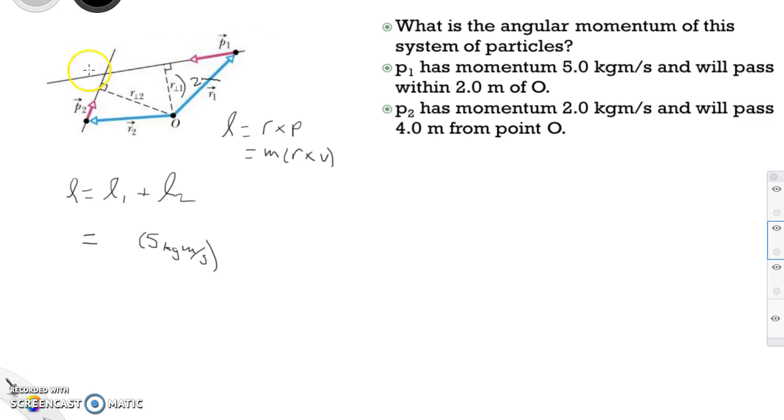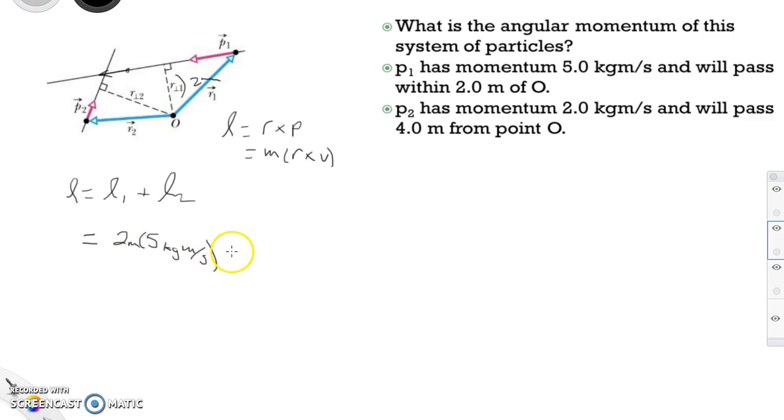Remember, for the perpendicular radius, all we have to do is find the place where it will come closest to the particle, whether it's already past it or it's on its way there. In the case that it already passed, it would be the place that it would have come closest. You just kind of draw a line through it and see the place where that line comes closest, which is right here, at a distance of 2 meters.